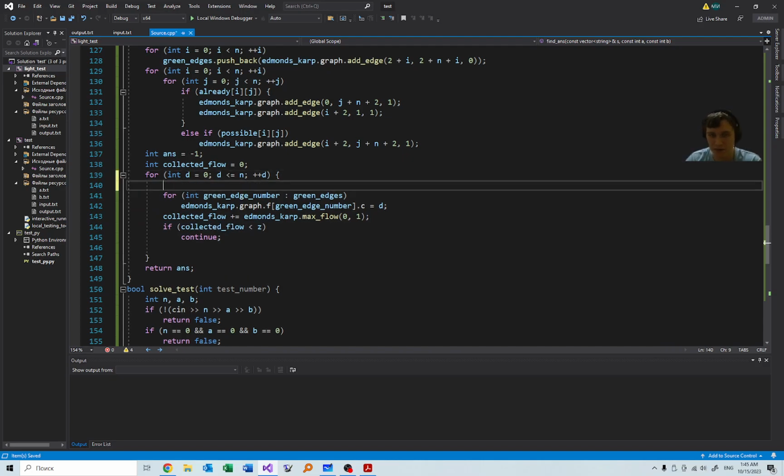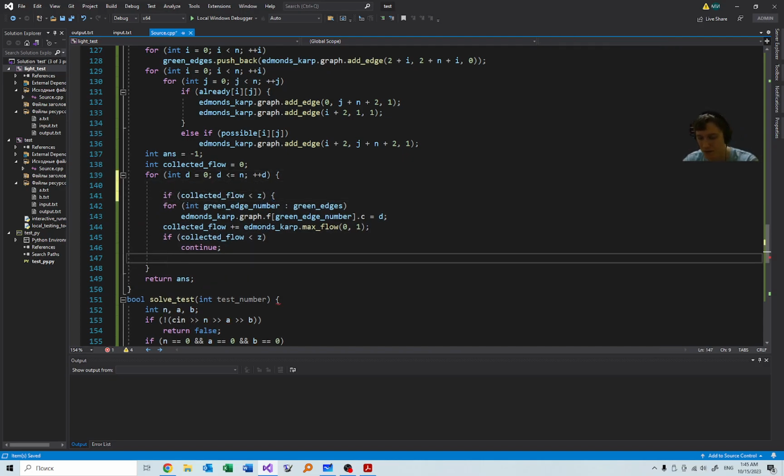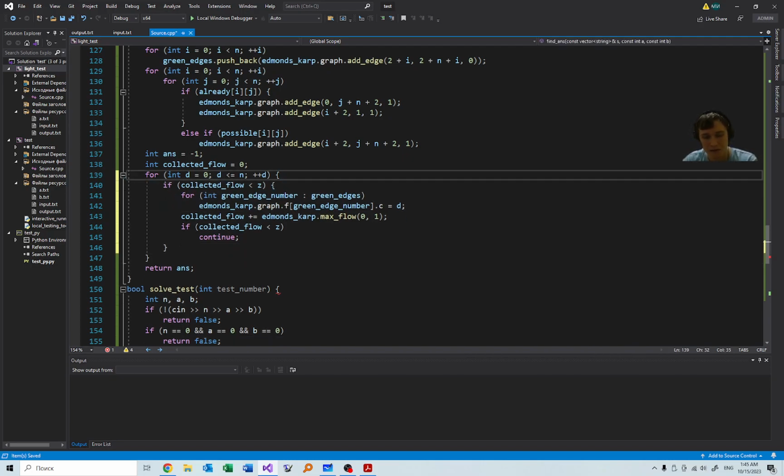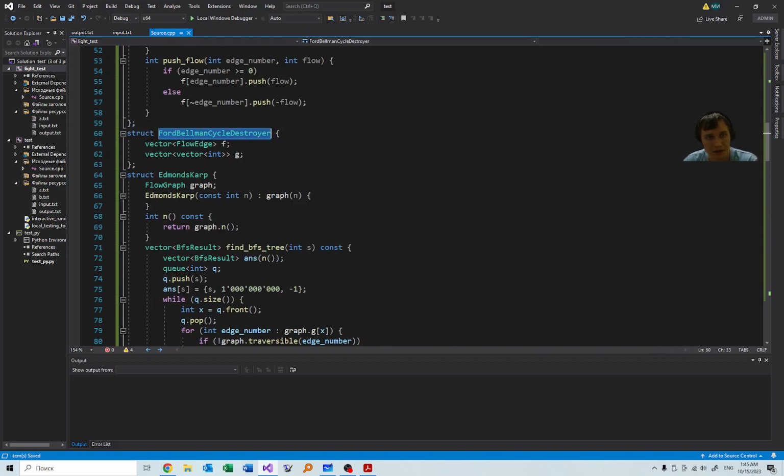Here I can do it only if collected flow is less than z. Or even if this thing is empty.